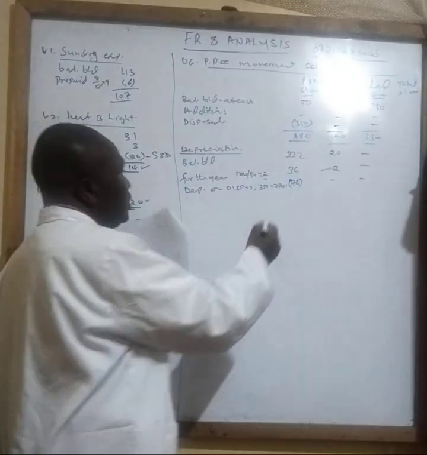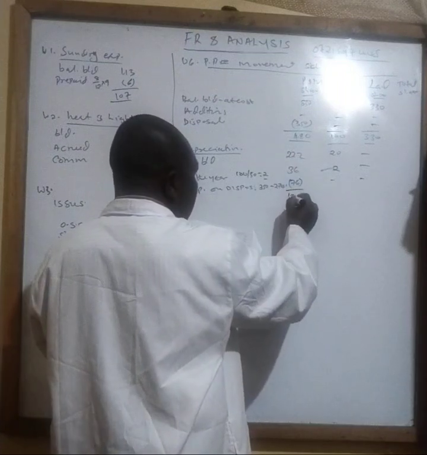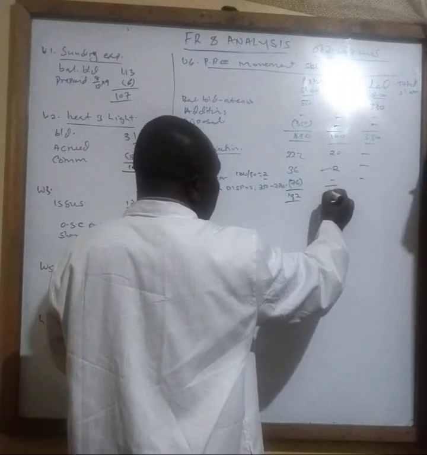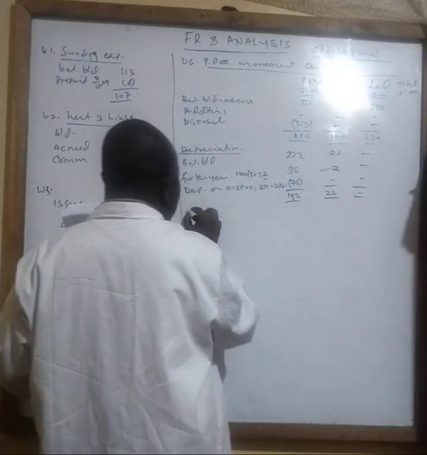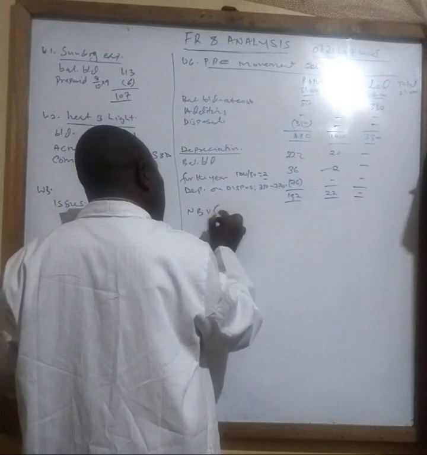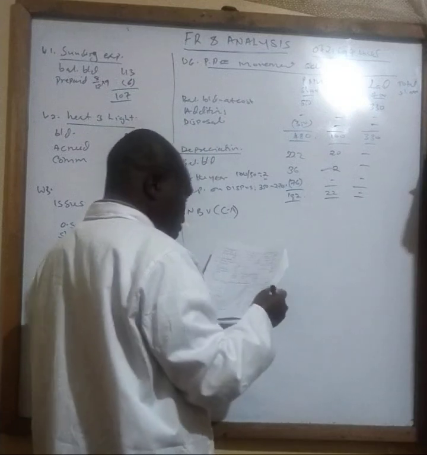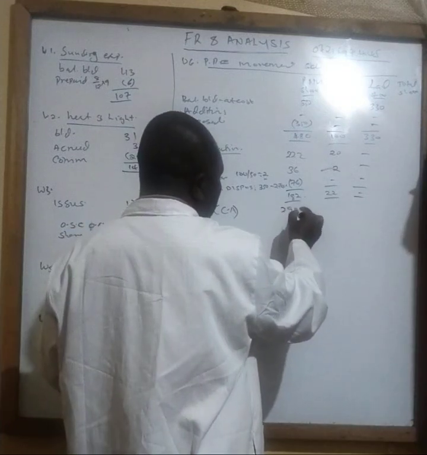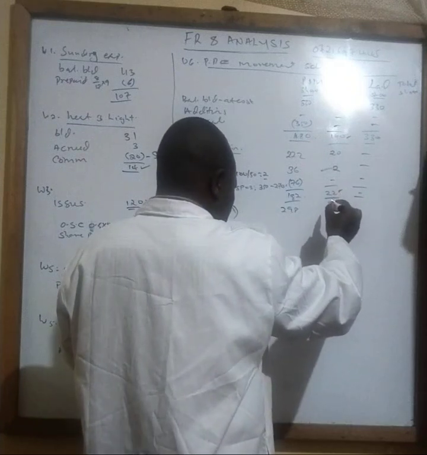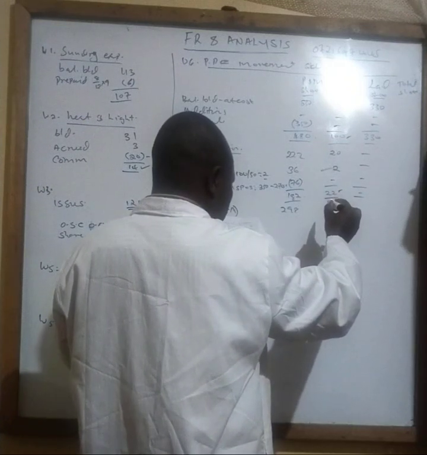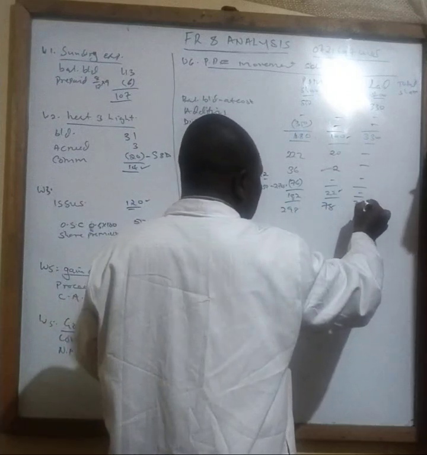So therefore, how much is the total depreciation? If you work out this one, it has to give you 182. This one has to give you 22. And this one has to give you dash. Then the net book value or carrying amount is now this minus this. So if you subtract carefully, you get 298. Subtract now this minus this, you will get 78. Then this one will give you 330.